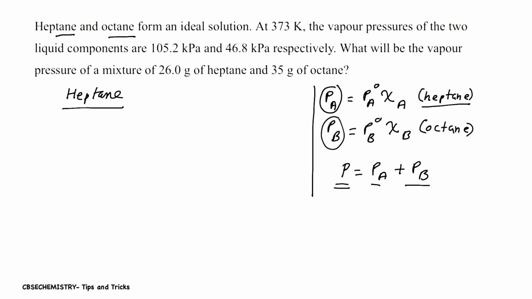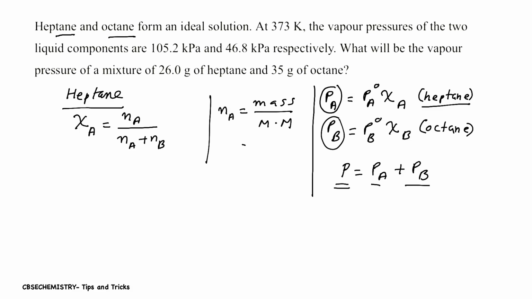Now how to find chi A? See, for heptane, chi A is equal to Na, the number of moles of heptane, by total number of moles. Correct, right? Now how to find number of moles of heptane? Na is equal to mass of heptane by molar mass of heptane. So what is that?